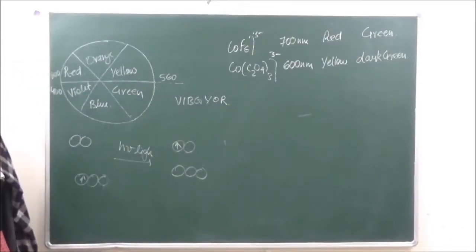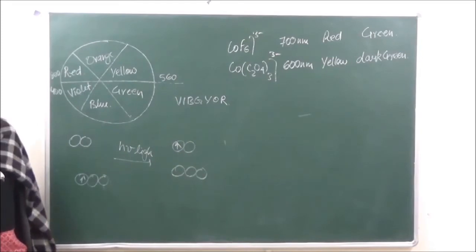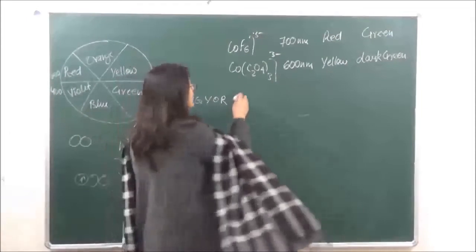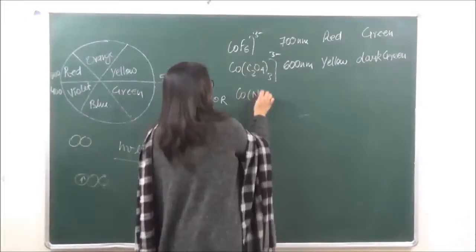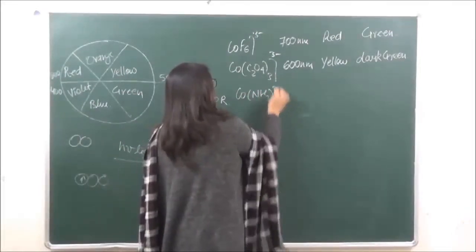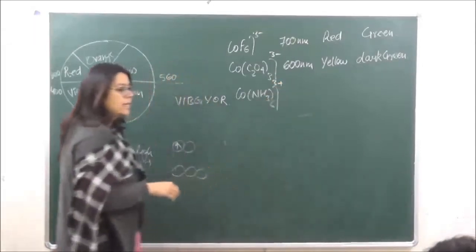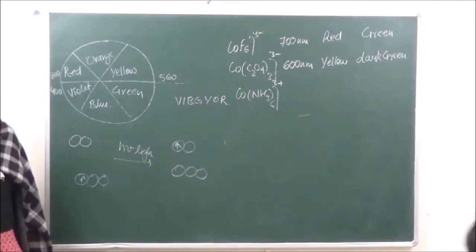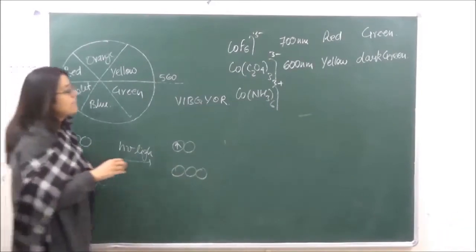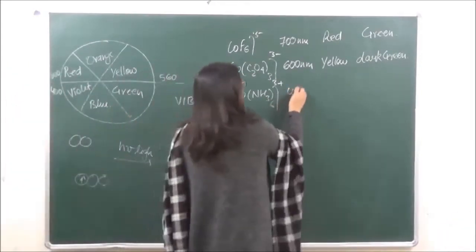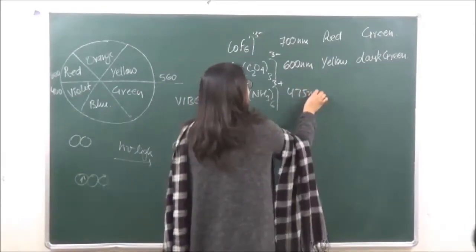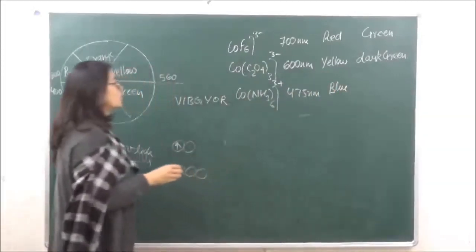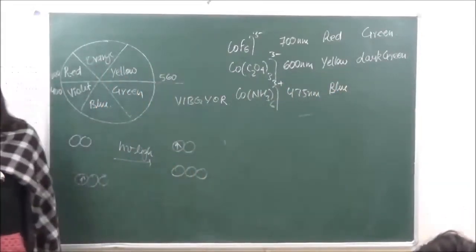Okay. Then next, let's say we are taking a strong ligand now, ammonia. Now NH3 is going to have a high crystal field splitting, so we will see that it is going to absorb radiation of less wavelength, which is going to be blue, 475 nanometers.